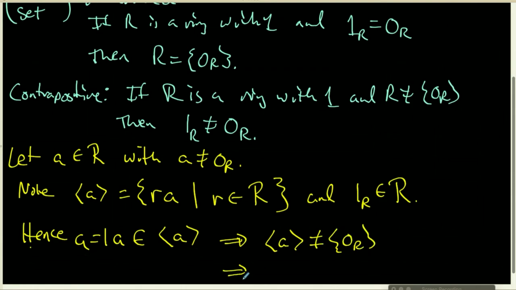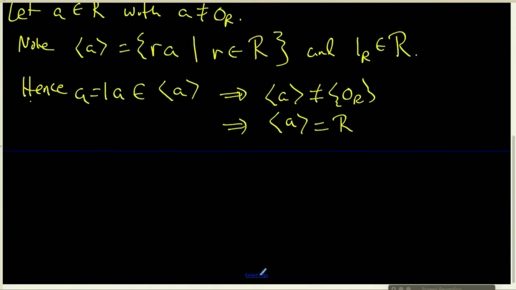And that tells me that the principal ideal generated by A is actually equal to all of R. But now I have to think about this. But I know that 1 is inside my ring.